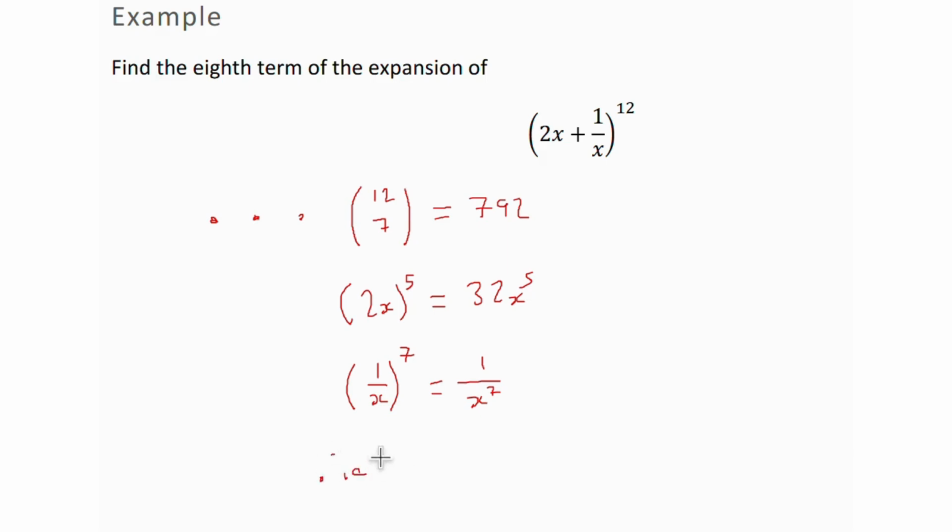So the 8th term is going to be equal to 792 times 32x to the 5 times 1 over x to the 7. Well, 792 times 32 gives us 25,344. And the x to the 5 over the x to the 7 is going to cancel down to 1 over x squared.